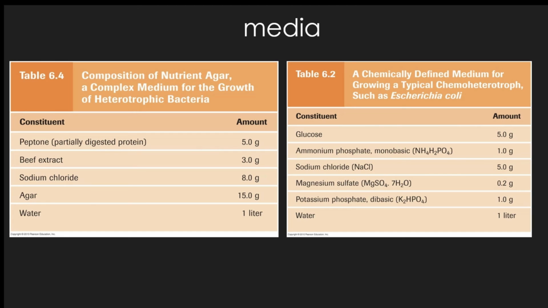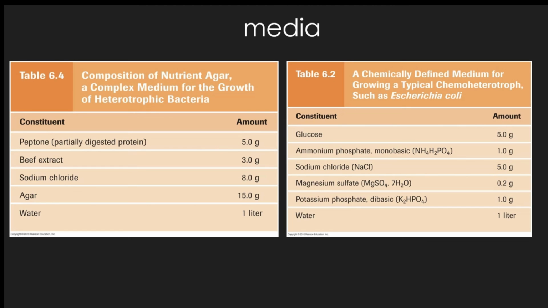It's got peptone in it, it's got beef extract, and it's got some salt. Now, if we want to be able to grow Escherichia coli maximally, we might switch from nutrient agar, just this complex medium, to something that's been chemically defined, where now we know exactly how much of every single thing is inside this medium.